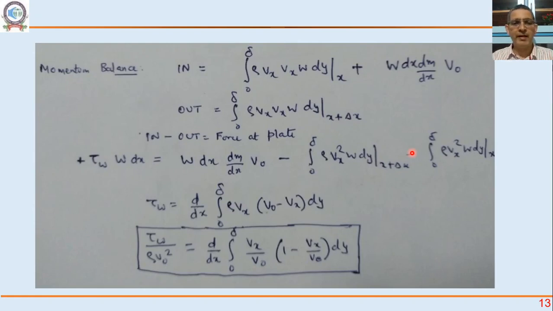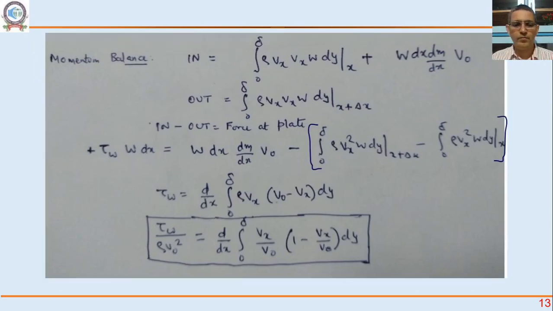Can we simplify that? Okay, it's corrected now. So in minus out, in is a positive term. Minus minus, I have just made it so that we can take the derivative. In minus out is the force, and therefore tau w.